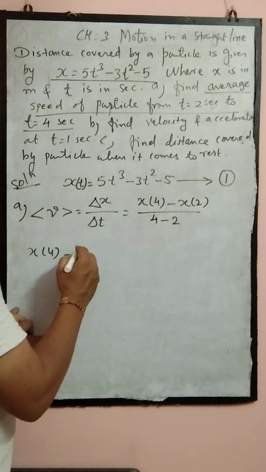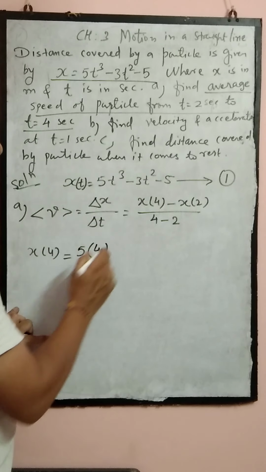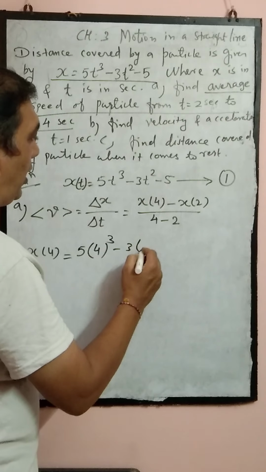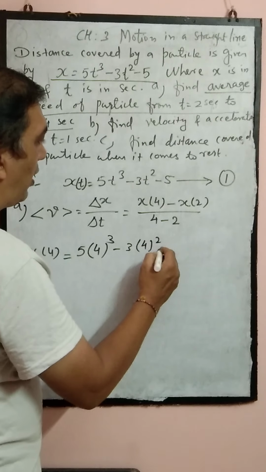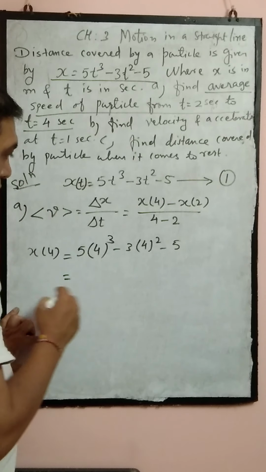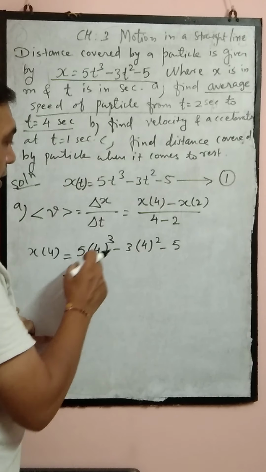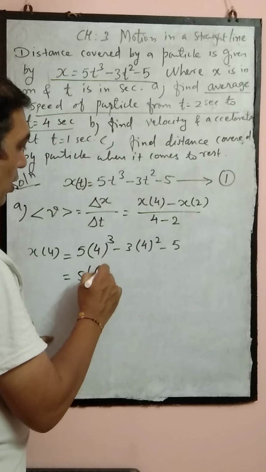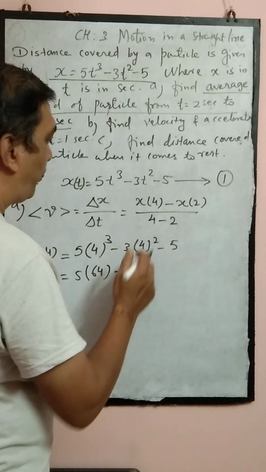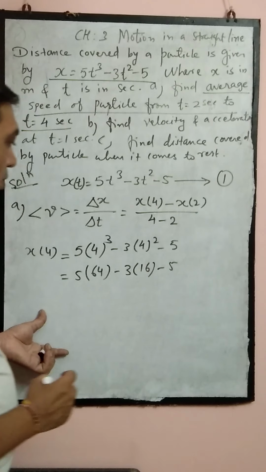So x4 is equal to 5 times 4 cube minus 3 into 4 square minus 5, substituting t is equal to 4. That is equal to 5 into 4 cube. 4 4s are 16 and 16 4s are 64. So 5 into 64 minus 3 into 16 minus 5.